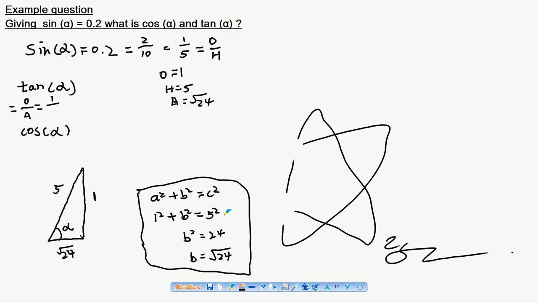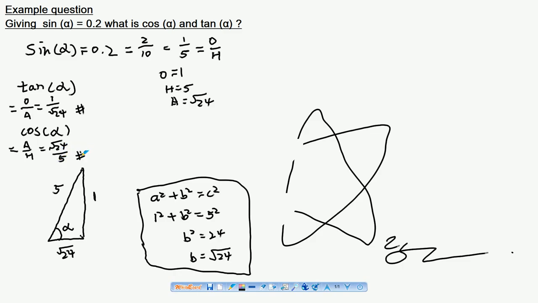So this is the value of tan alpha. And cos alpha, which is adjacent on hypotenuse, is the square root of 24 on 5.